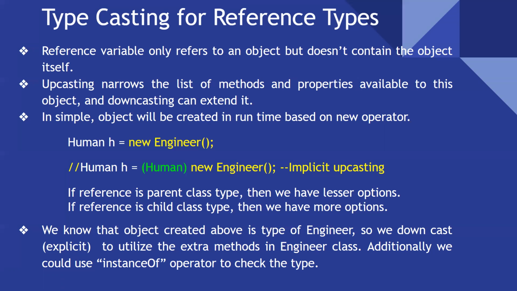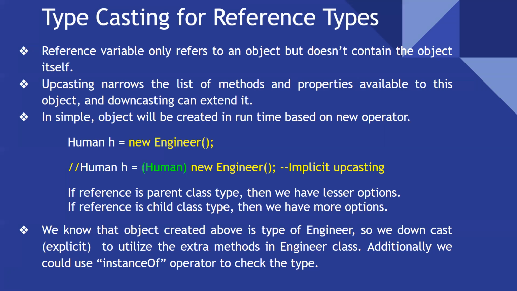So that's the reason, as in the above point, upcasting narrows the list of methods and properties available to this object, and downcasting can extend it. Let's consider a simple example here: Human h = new Engineer. As we discussed, since you have only the parent class reference on your left-hand side, you will be implicitly upcasting to the Human type, even though you create the new Engineer object.